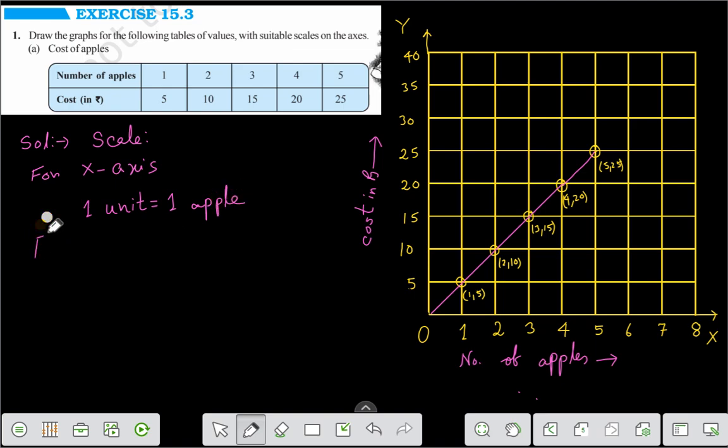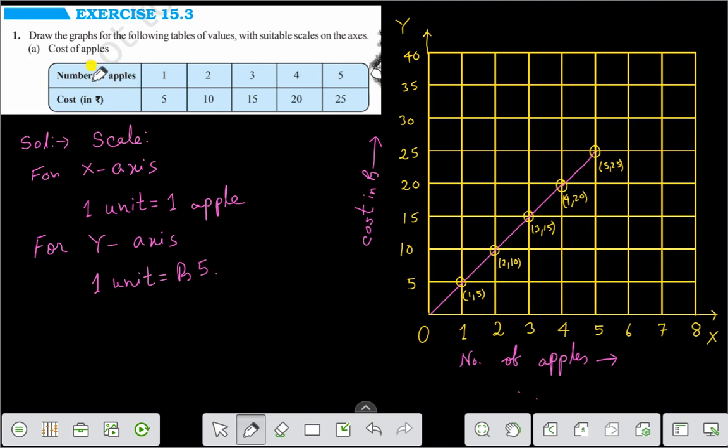For the y-axis we have taken 1 unit equal to rupees 5, and we made this graph, right?